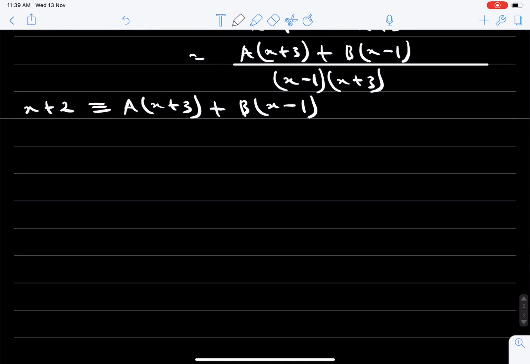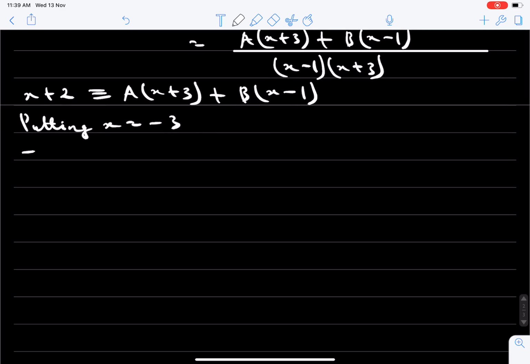Now what do I do? I can solve for the unknowns simply by the cover-up method. So putting x equals minus 3: minus 3 plus 2 is equal to a times minus 3 plus 3 plus b times minus 3 minus 1.